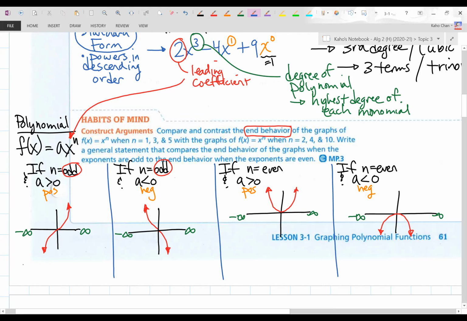As your domain goes to the left, the function does this. As your domain goes right, your function, meaning your y value, does this.